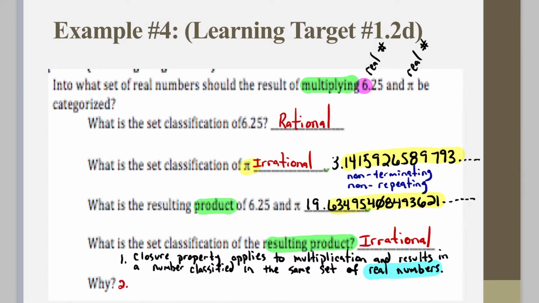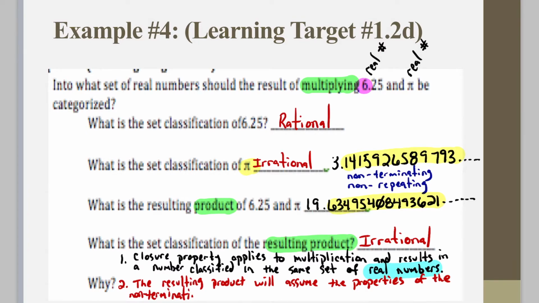Well, part 2, or reason number 2, is the resulting product will assume the properties of the non-terminating, non-repeating set of real numbers.